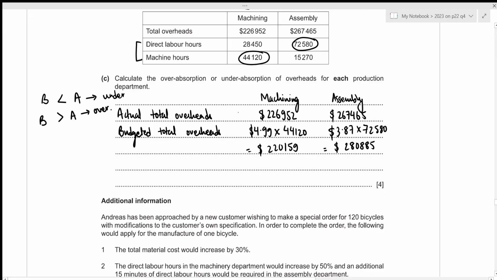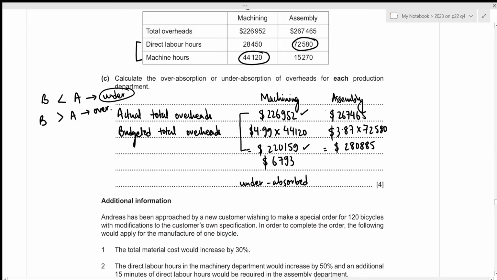Okay, for machining department, we can see that our budgeted total overheads is less than the actual total overheads, which means that this is a case of underabsorption. And we also need to calculate the underabsorption amount, which is going to be the difference between these two values. So that will be 226,952 minus 220,159, which results in the value of 6,793. And we have to clearly mention that this is underabsorbed.